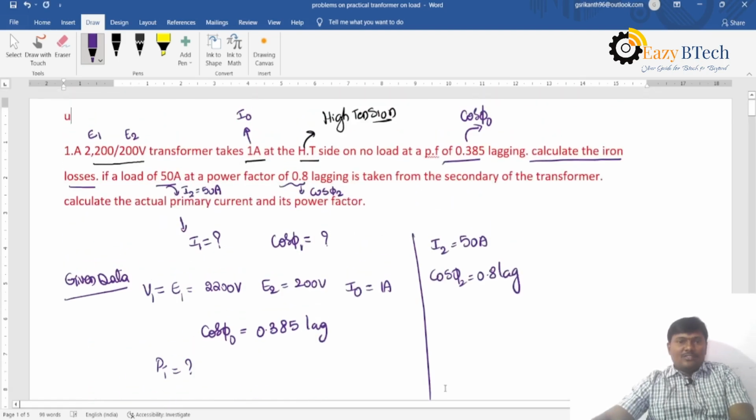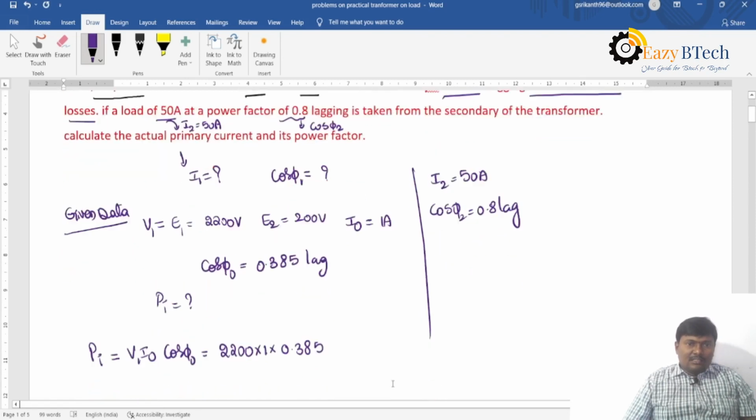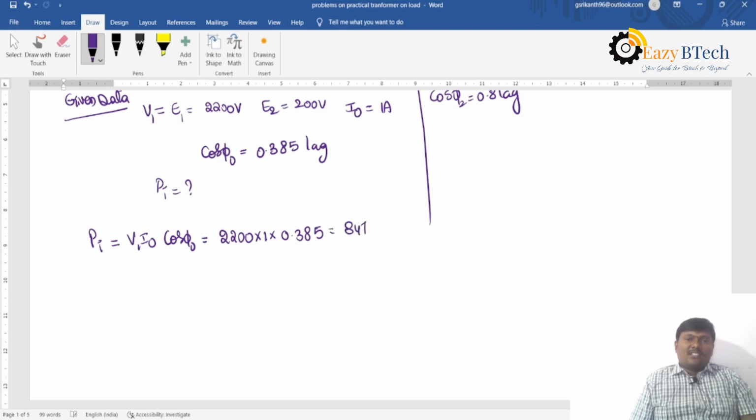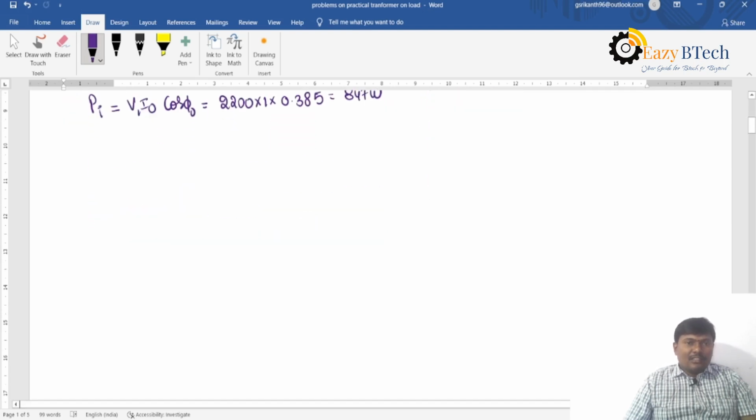So by using a calculator, 2200 into 1 into 0.385 is equal to 847 watts. This is the iron losses. If you draw the phasor diagram, you can easily understand.